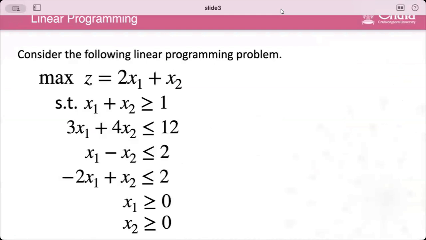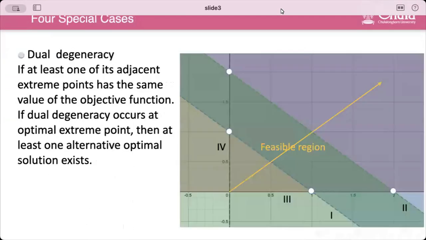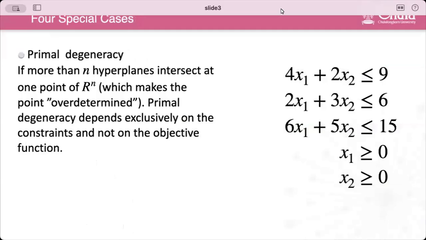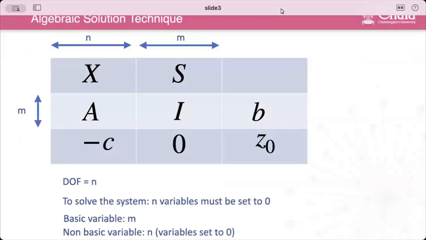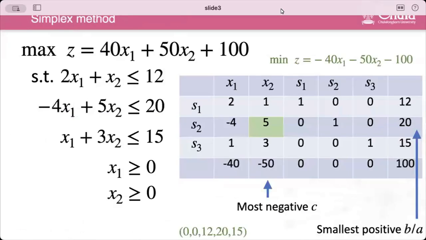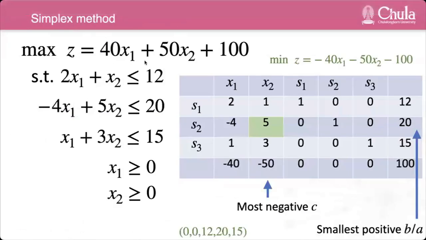method, of course, you need a problem in a specific form, right? Of course, for the objective function, it can be maximized or minimized because it's really easy to convert back and forth, right?